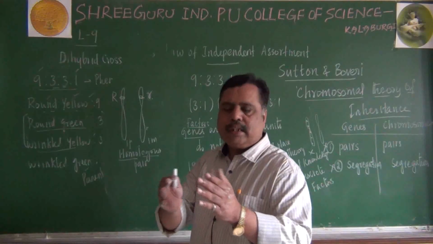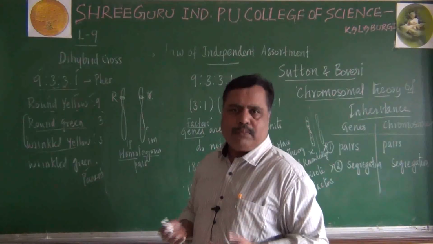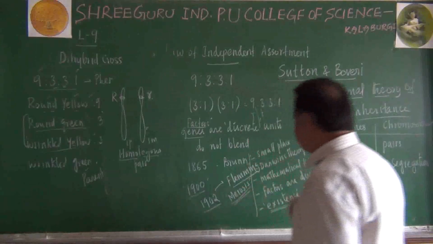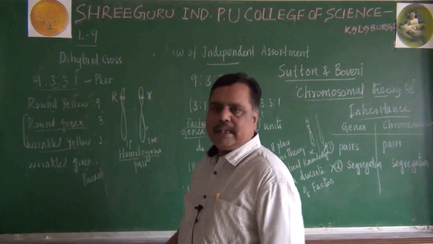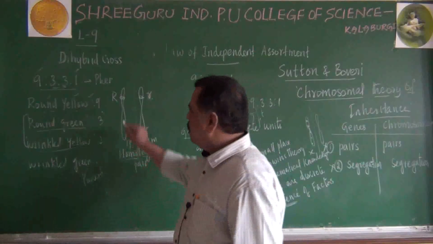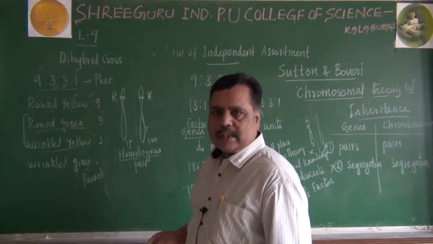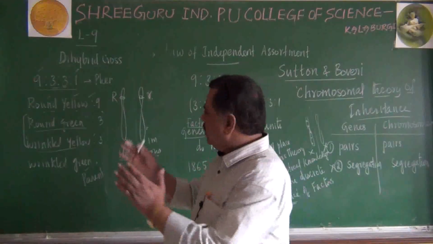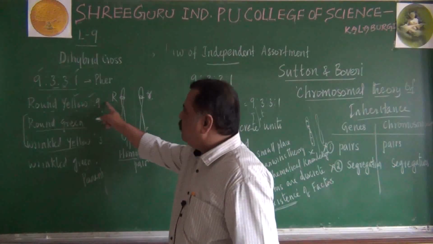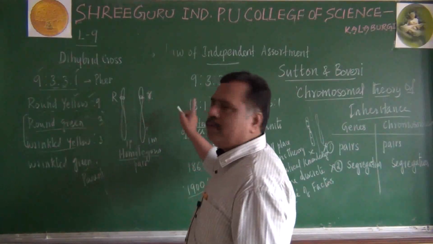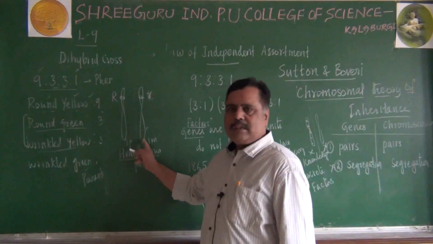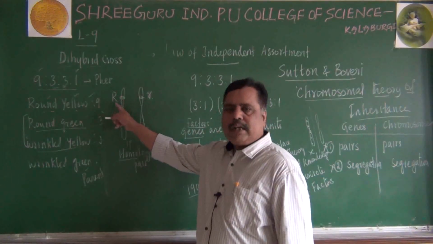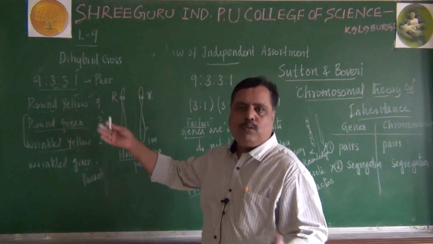So we get homologous chromosomes. During anaphase, the homologous chromosomes separate from each other. That is segregation. Now imagine when the chromosomes are segregating like this. Chromosomes do not segregate transversely. They segregate longitudinally. Like that, this capital R will go one side, small r will go the other side. So wherever the chromosome goes, the factors or genes will also go.